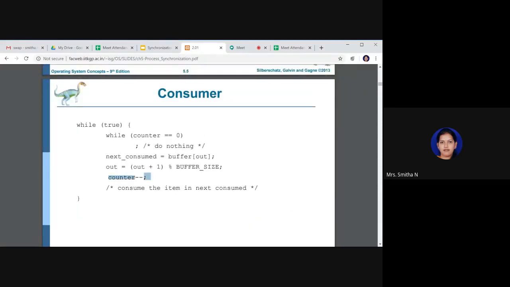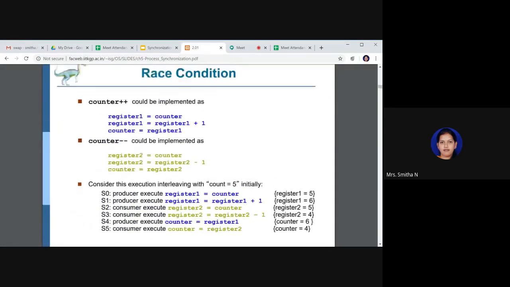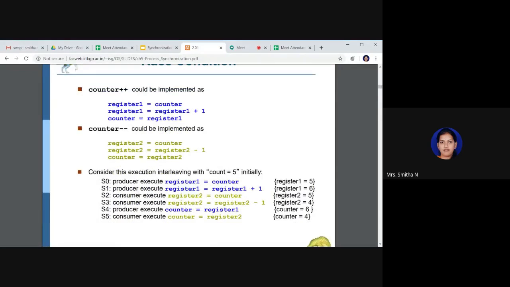Consider counter++ executed at the machine level. It will be executed in this form: counter is assigned to register1, that is CPU register 1. In register1, 1 is incremented, then the resultant value is stored in the counter. This is what happens at the machine level when you say counter++.